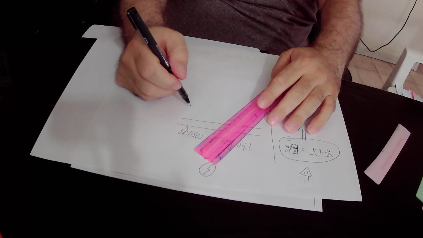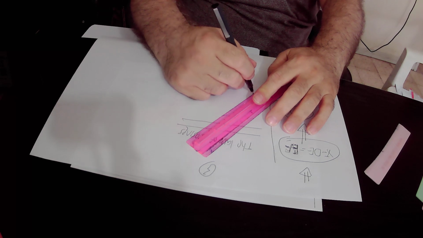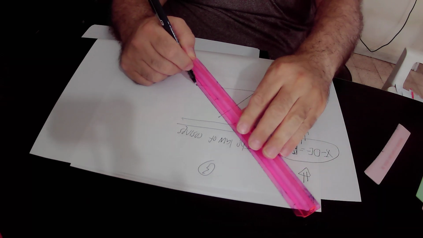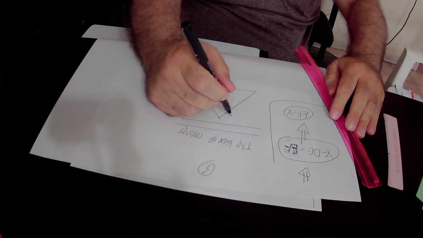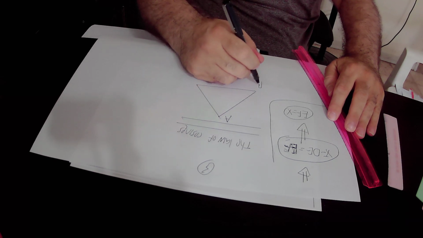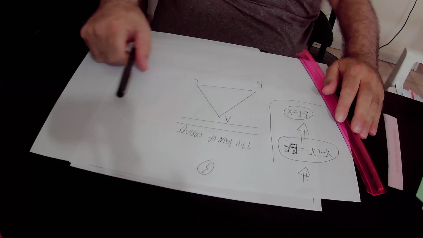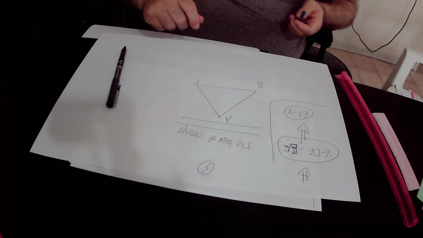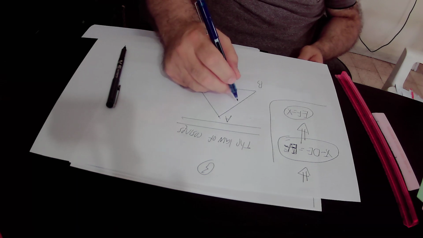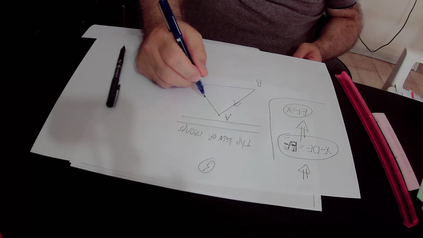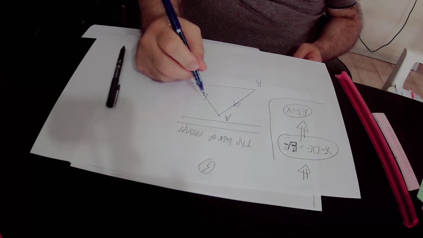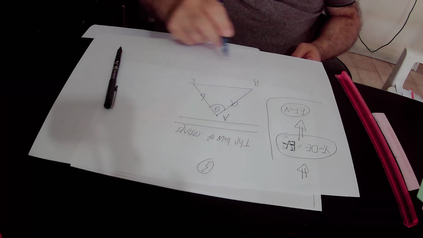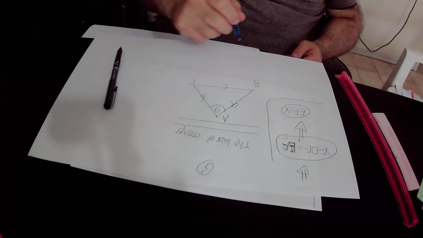So if we have triangle ABC, that could be any triangle, and we know that side AB equals A units in its length, side AC equals B units in its length, and the angle between side AB and side AC is theta, and side BC equals C units in its length.